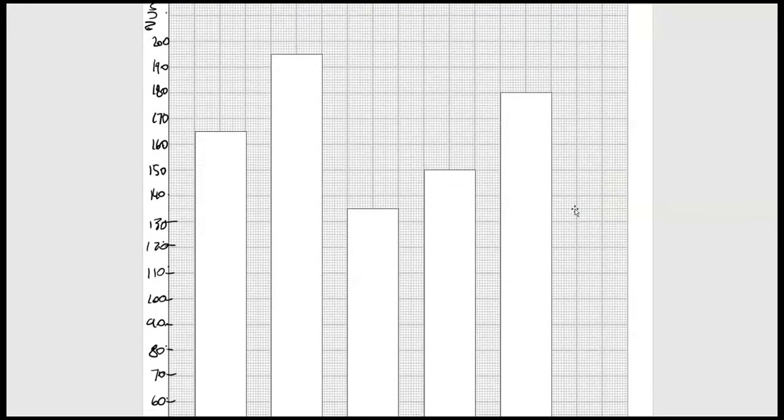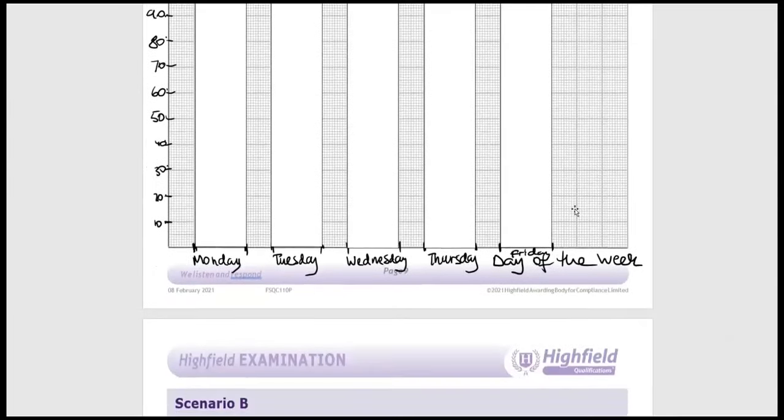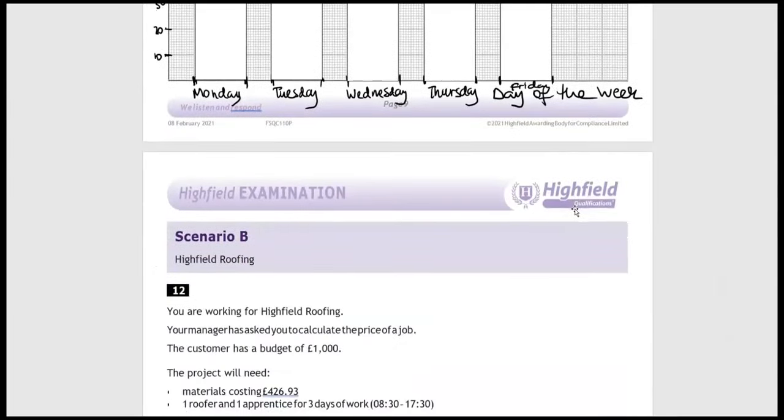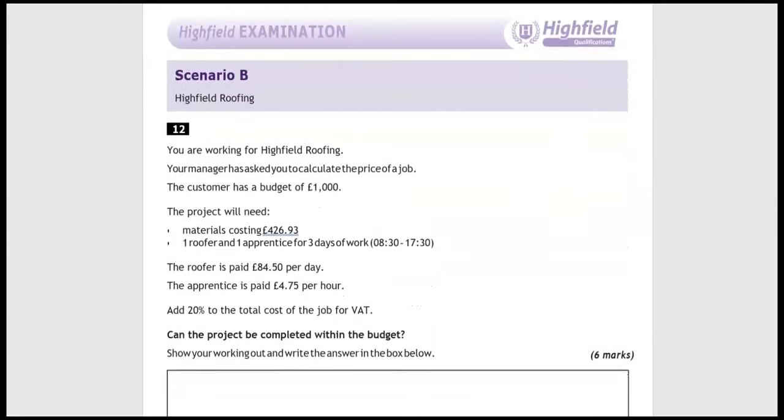And you can just check against the table. It looks correct, and the bar chart is complete. Now we can look at the next question.